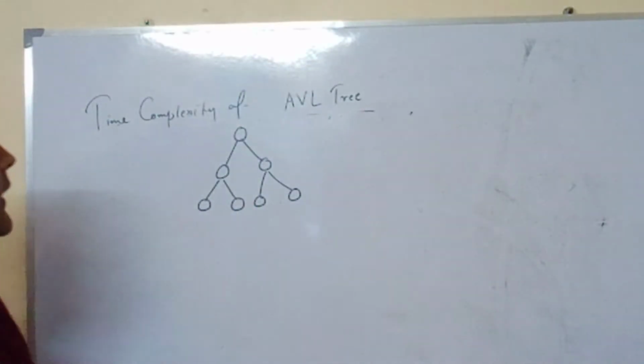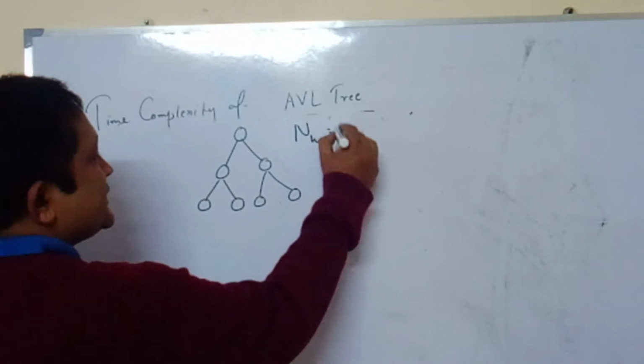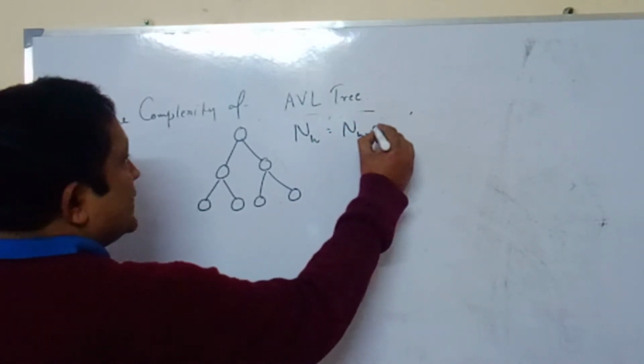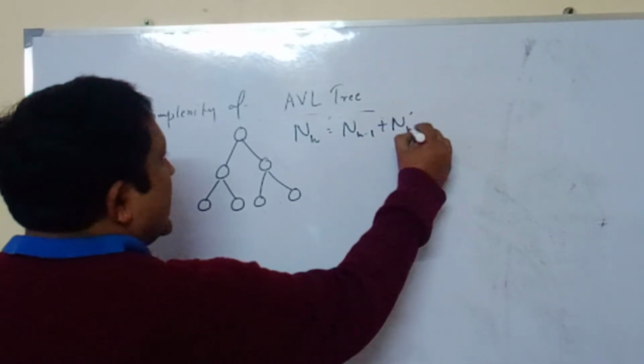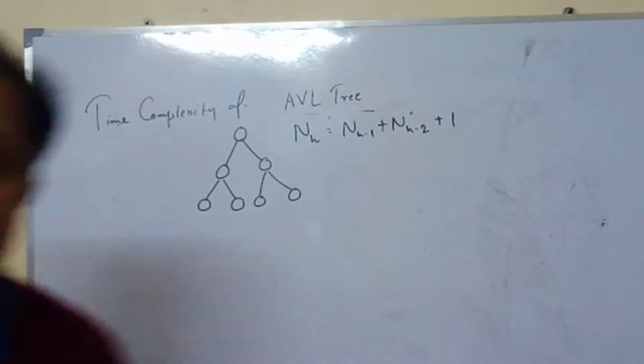Now, suppose the number of nodes at the hth level is equal to the number of nodes at the h minus 1th level plus the number of nodes at the h minus 2th level plus 1. This is approximately true for all the cases.